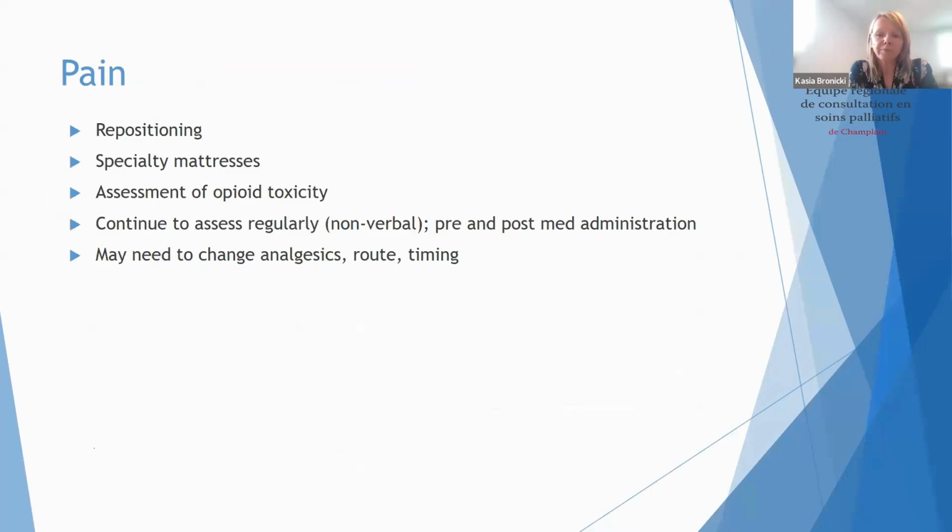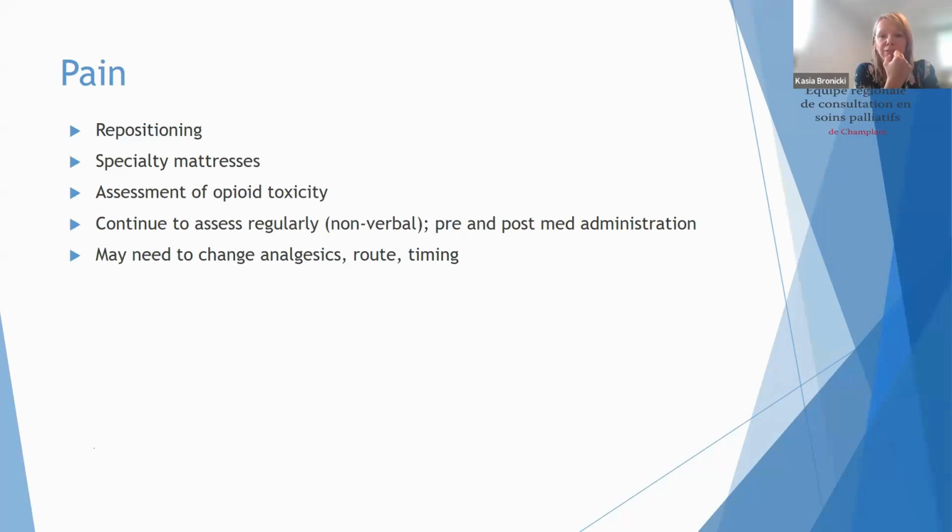So pain, typically at the end of life, if pain was a challenge for the individual before, then it likely continues to be so. And we continue any medications that resident was on before and change routes to sub-Q as necessary. We offer repositioning, specialty mattress if they have any alterations or risk for skin breakdown.